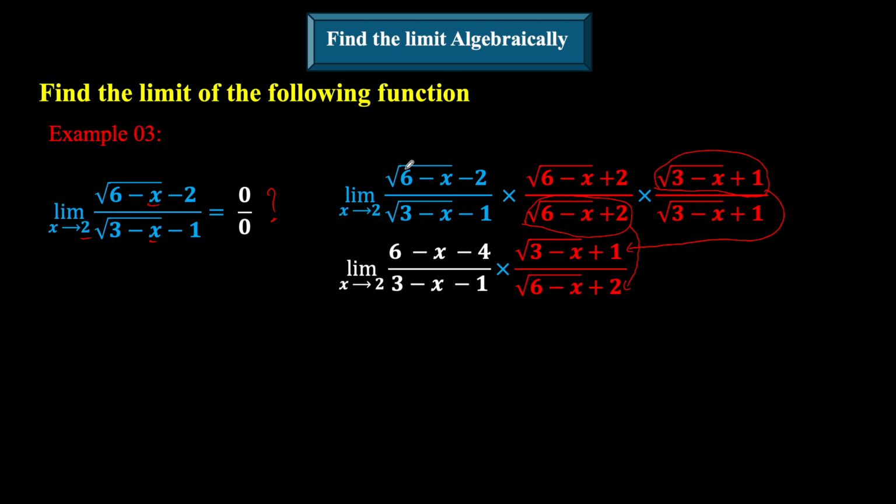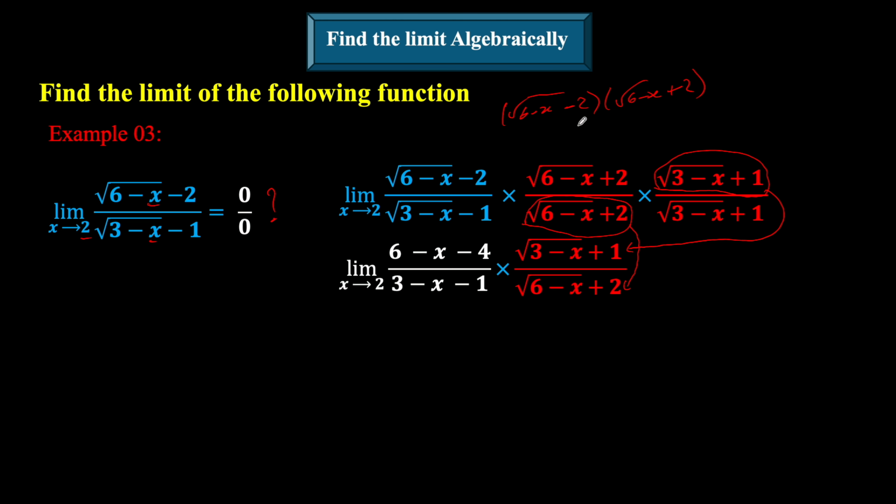So when we multiply the square root, this is the difference of squares, okay, as we did in previous examples. The square root of 6 minus x minus 2, multiplied by its conjugate, the square root of 6 minus x plus 2.